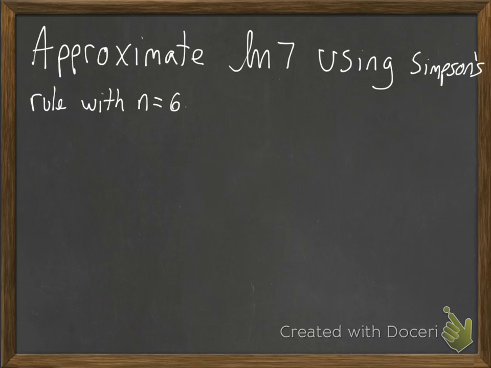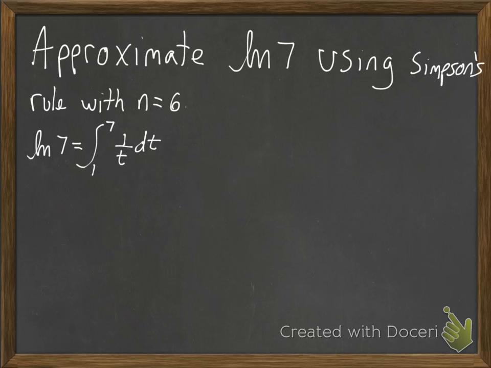And our next example with Simpson's Rule is asking us to approximate the natural log of 7 using Simpson's Rule with n equals 6. And we'll recall the natural log, by its definition, is the integral from 1 to x, or in this case 1 to 7, of 1 over t dt.